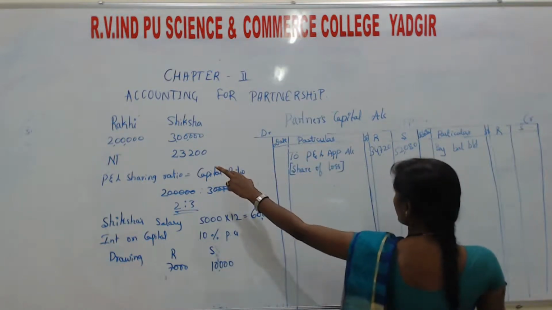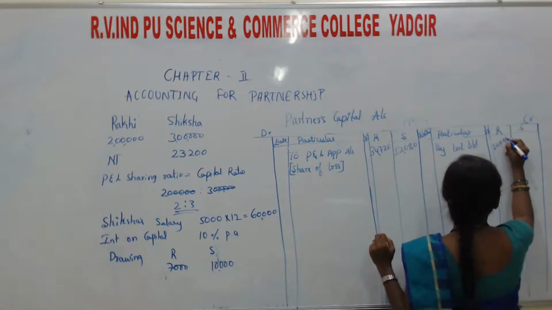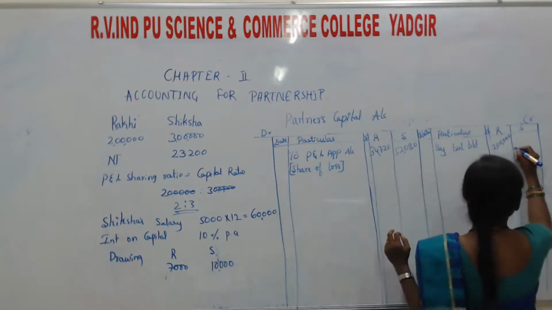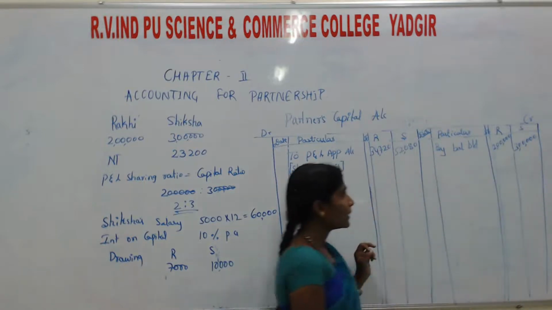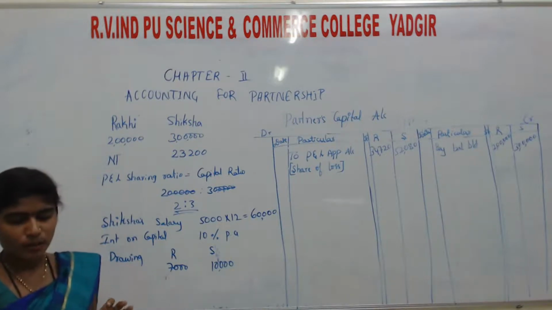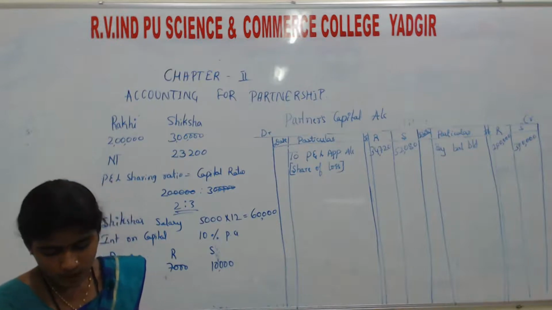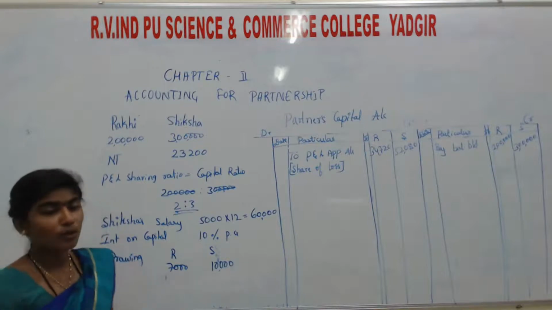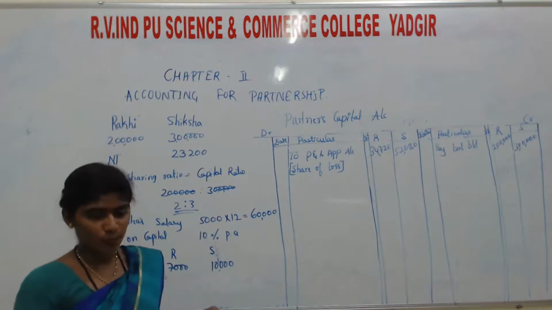So what is Rakhi's capital? 2 lakh. Then, next, Shiksha's 3 lakh. And also, see what are the informations in the question? Salary, we already entered the salary information in the profit and loss appropriation account.